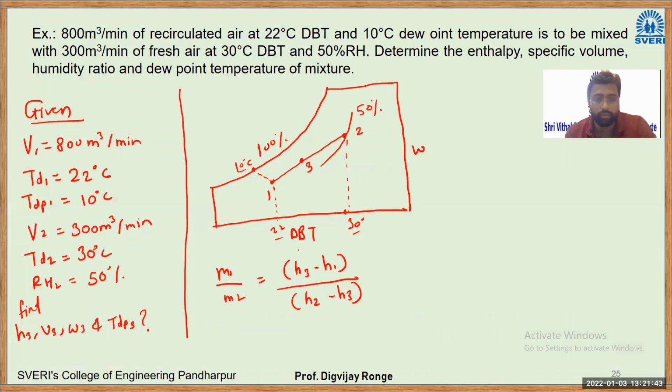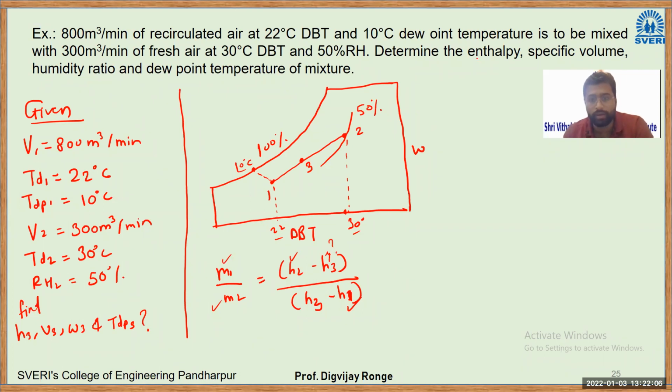There is a little bit of correction. The formula will be h2 minus h3 divided by h3 minus h1. Now here I have to find out h1 and h2, and I know these values already. Then I will get h3's value.